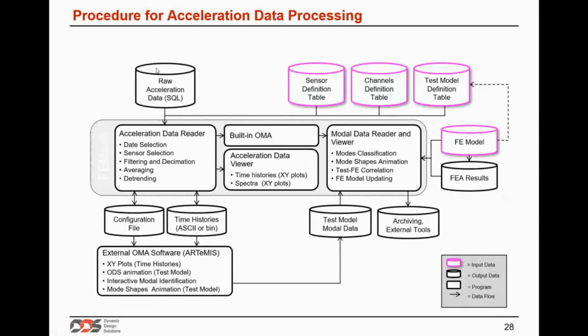The acquisition system is adding data, and we are going to extract new data from this database every second. And so we do OMA, operational modal analysis, with the internal tool in FEMtools, or using an external tool. We have viewers, for visual display of the results, or for analysis like correlation and model updating.